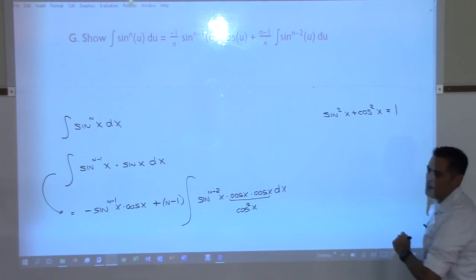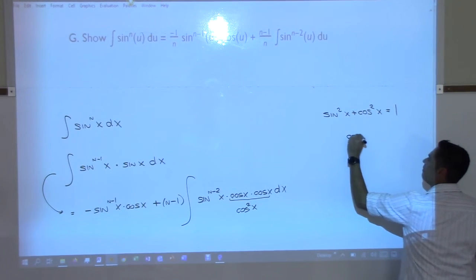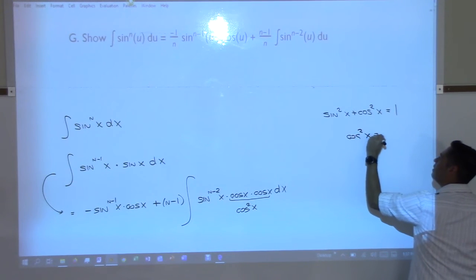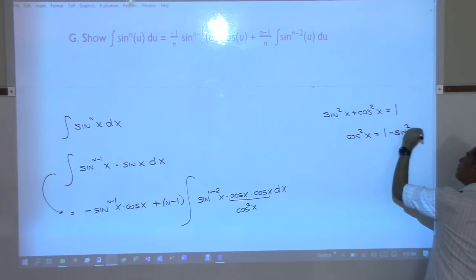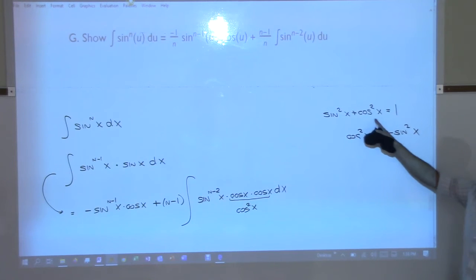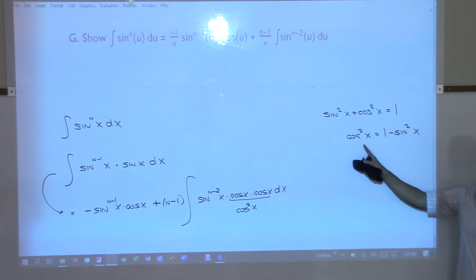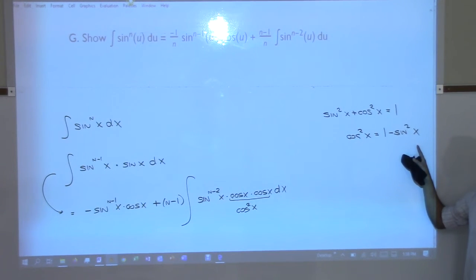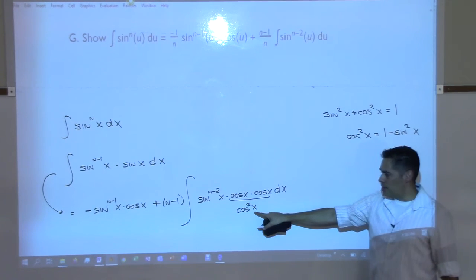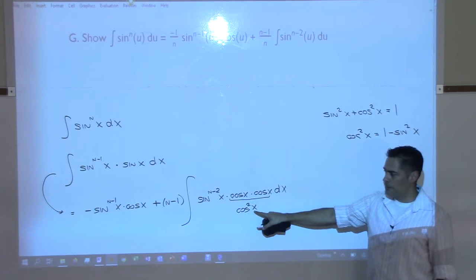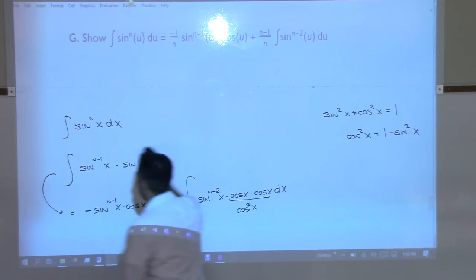I would be disappointed if you don't remember this identity. That one right there. So we agree that from that identity you can solve for cosine squared and you get 1 minus sine squared, right? So what I'm going to do is I'm going to replace this with 1 minus sine squared. Okay, and that'll be my next line.